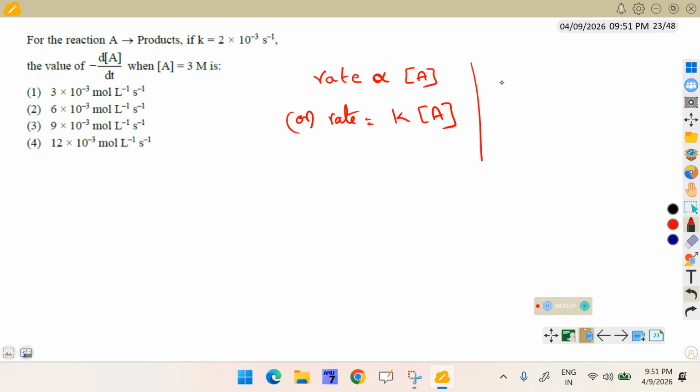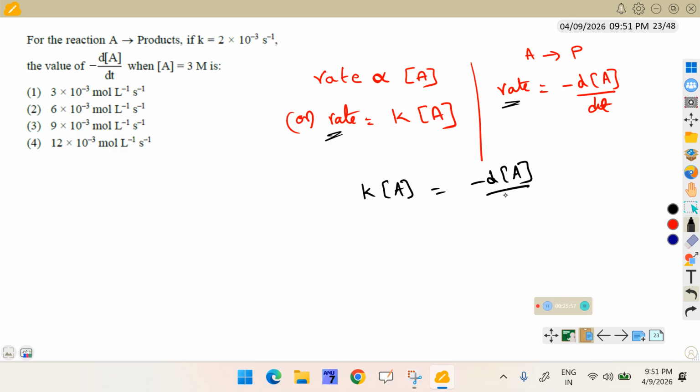In one more way, according to the equation A gives products, rate equals -d[A]/dt. Based on this, the left side terms are equal, so equate the right side terms: k[A] = -d[A]/dt.